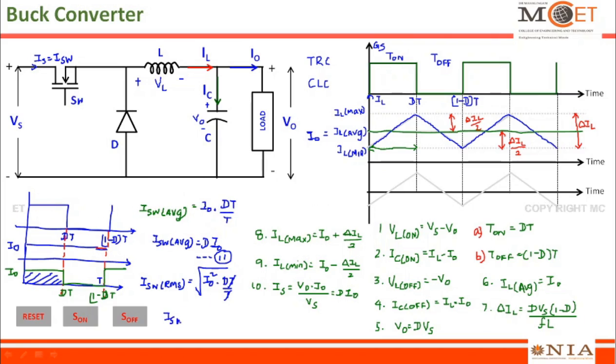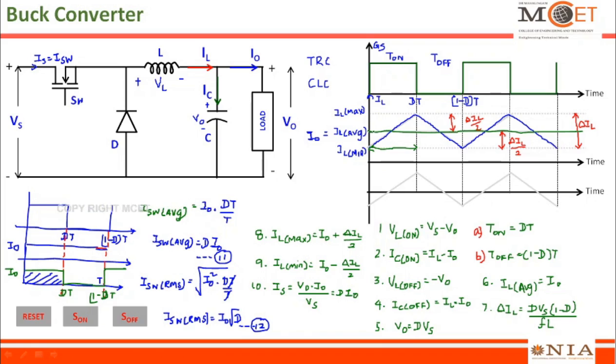So ISW RMS is equal to, I can take this root out, I0 into root of D. This is the expression for the RMS value of the switch current. To find the average and RMS value, you can look into the unit 2 second video, which will give you a very clear understanding of RMS and average current calculation for any waveform.